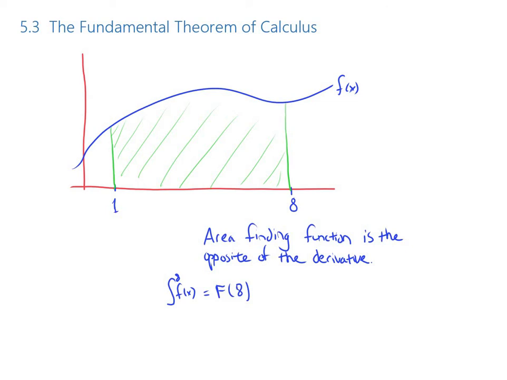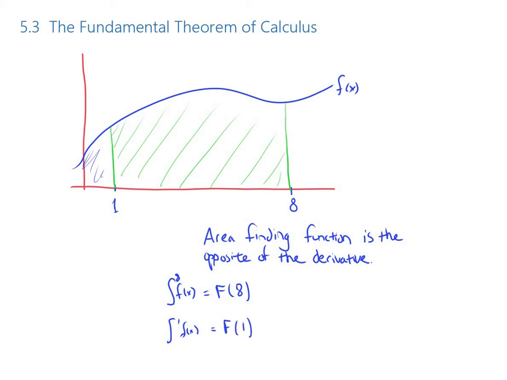But if we don't want this little portion here before 1, we should be able to take that part off. If we just wanted the area up to 1, that would be the antiderivative at 1.